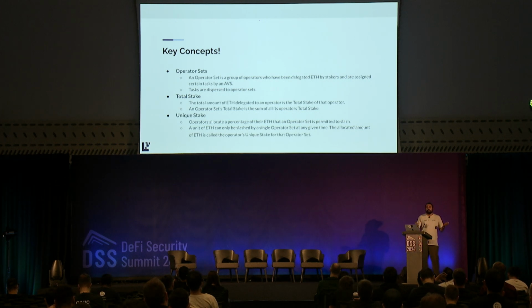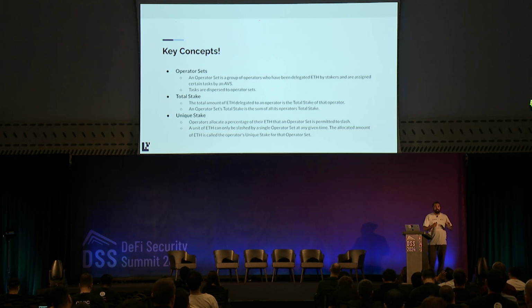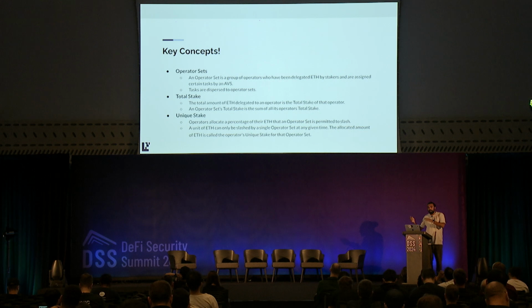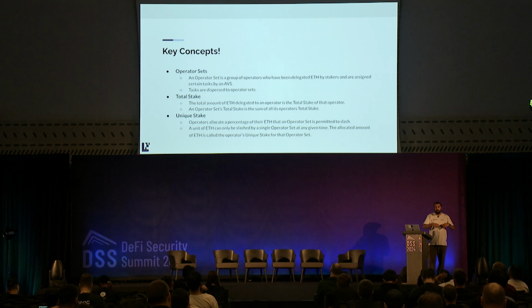So what are tasks, right? So imagine you are a prover network and you want to generate a ZK proof. So you can assume that it is a task, and this is a task that an AVS has to respond to. So operators run these AVSs, and the task is to generate a ZK proof for this data that is provided to you.